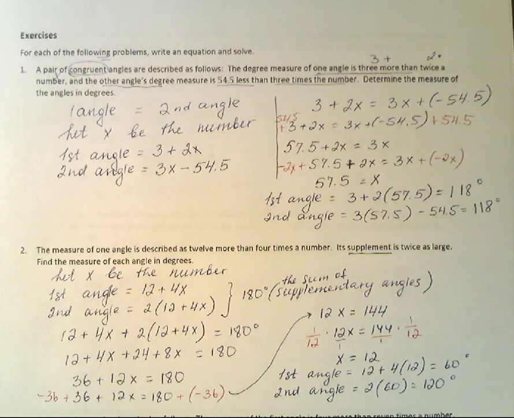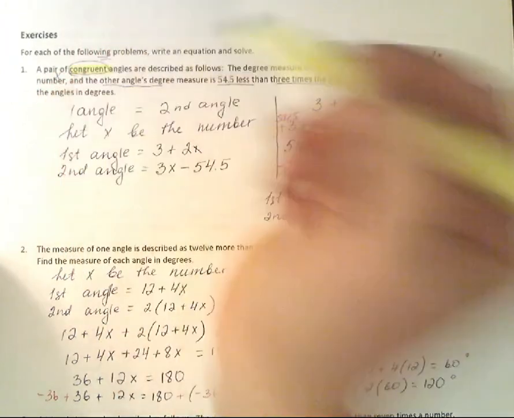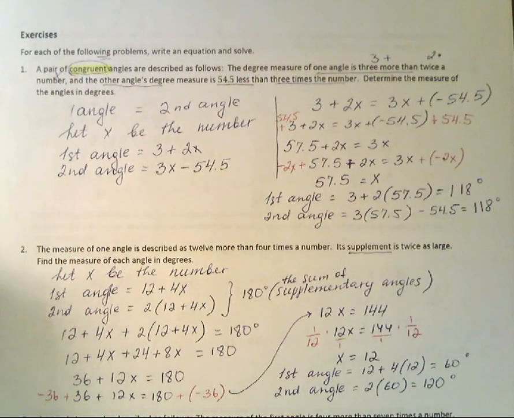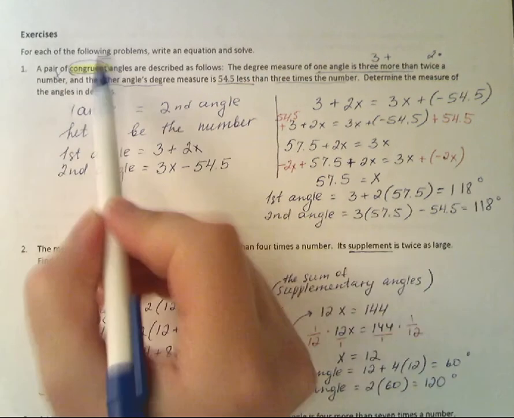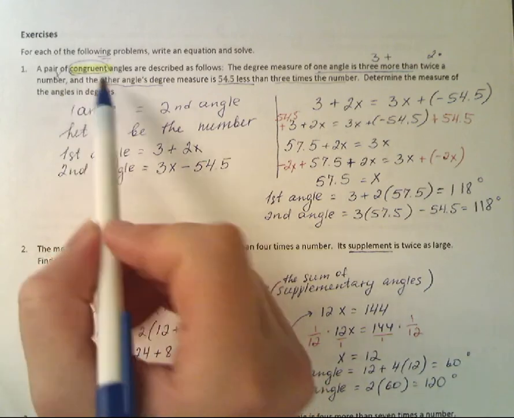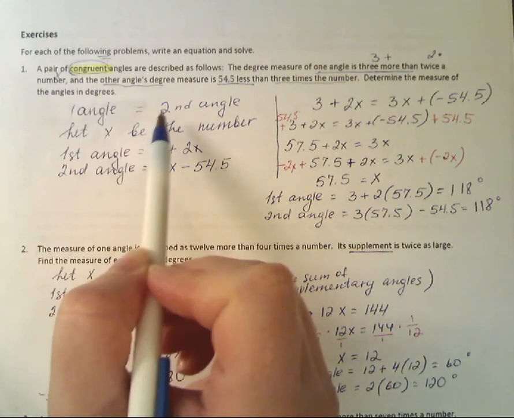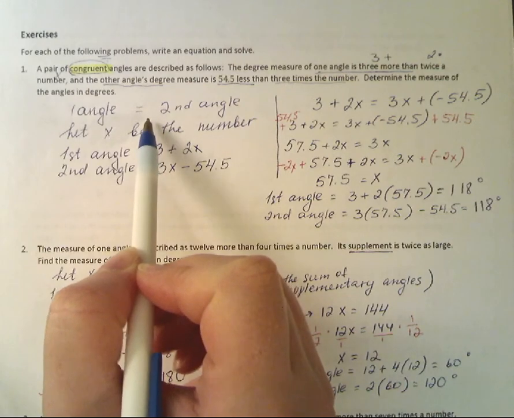Okay, so first thing that you want to highlight is congruent angles. Congruent angles mean equal. I put that equal sign on top right here so you know that congruent is equal. We know that two angles are congruent, it means one angle would equal the other angle.